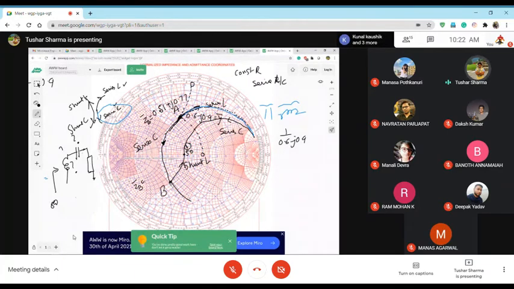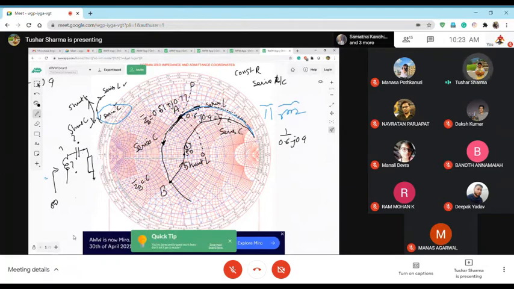From here for Z we will move on the constant R circle. In case of ZB, what is the value of that circle? So this was the constant R circle, we came moving on this, so ZB will be same as the R of A. So the constant R circle is 0.4, 0.5.